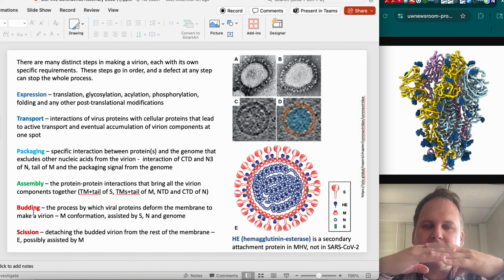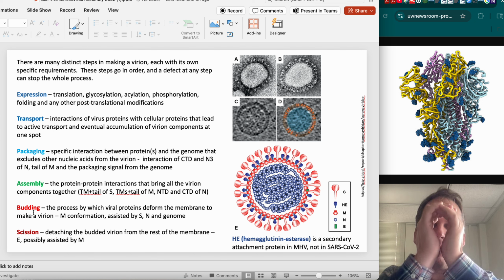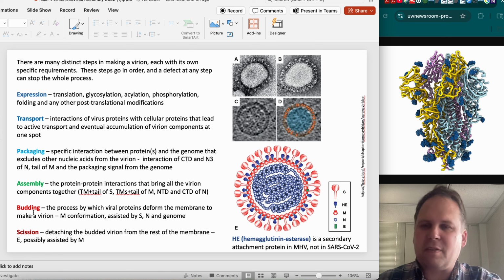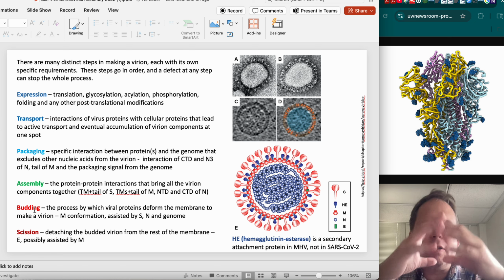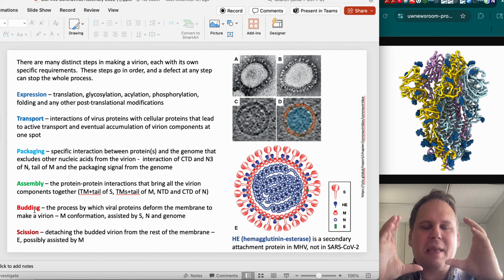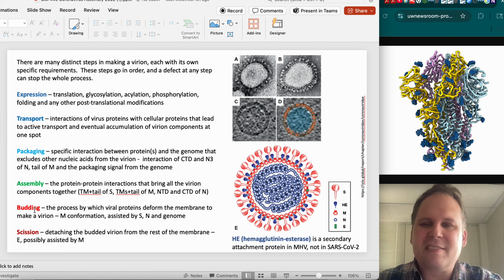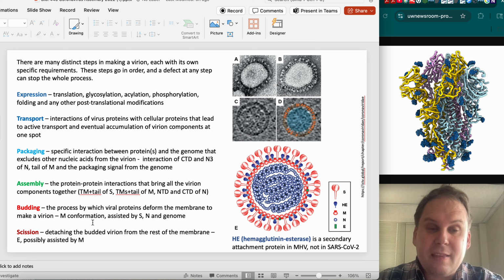And then what happens is it's going to bend up like that and bend around and then sit back down, and then the last step is going to be scission. So budding is bulging the membrane, but it's not breaking free. It's just creating a bulge in the membrane that you can then go on to cut free at this process called scission.